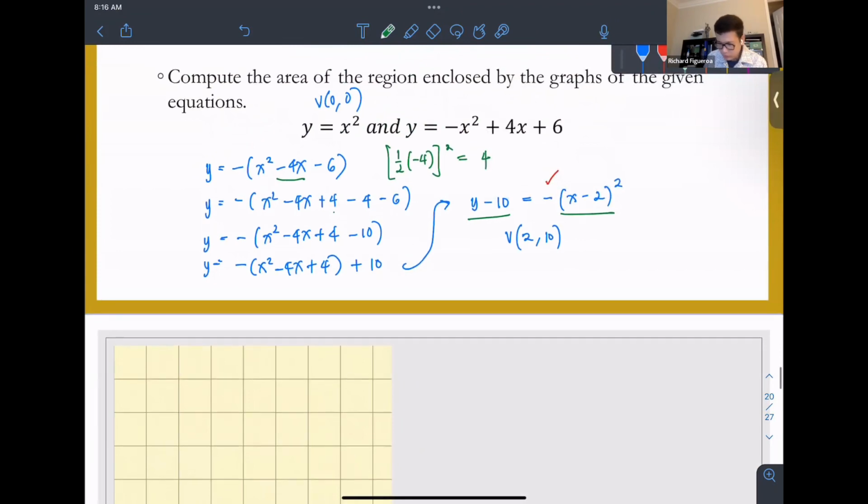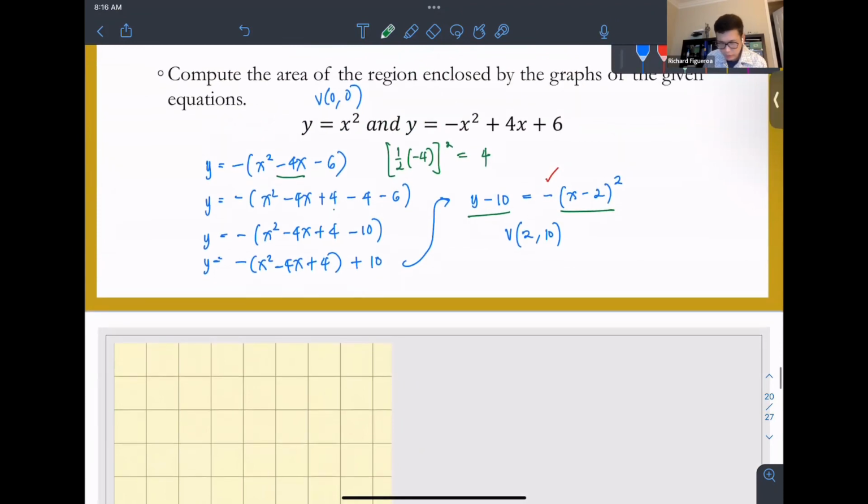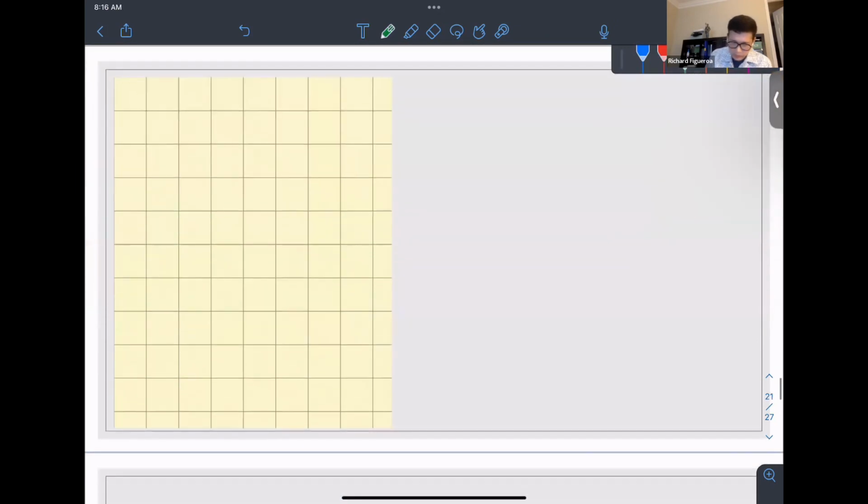So it's in the first quadrant. So I'll do it here. So this is 0, 1, or it's (2, 10), so I'll make it by 2. So 2, 4, 6, 8, 10, 12.